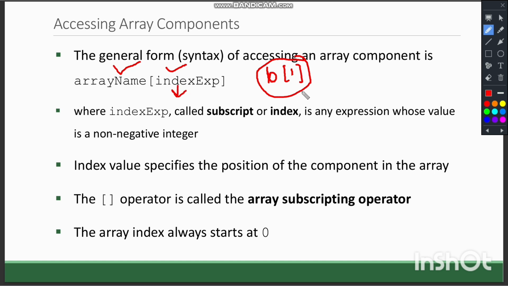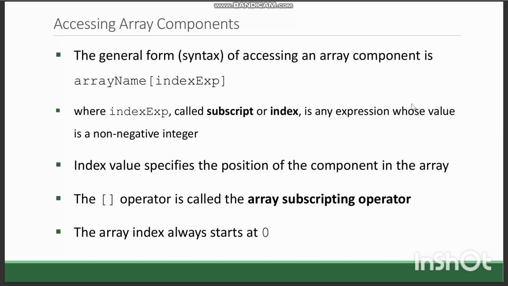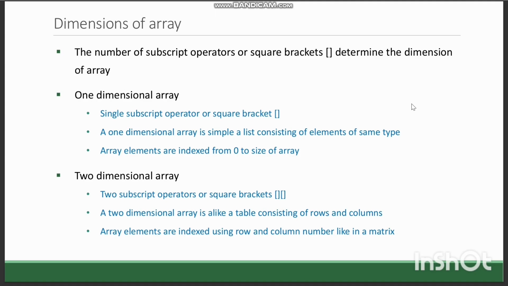The index is called the subscript, which is written inside these brackets. The index value specifies the position of the component. The operator is called the array subscripting operator; these brackets are actually called the array subscripting operator. The array index always starts with 0.